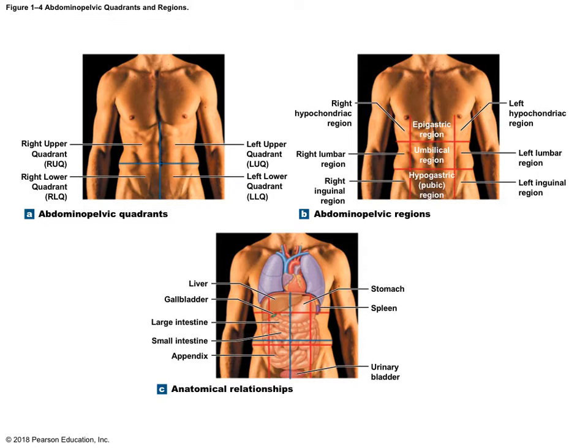Medical professionals like to divide this area up into quadrants, and that way they can locate where a problem might be occurring if a person has pain or other symptoms in one of these areas.